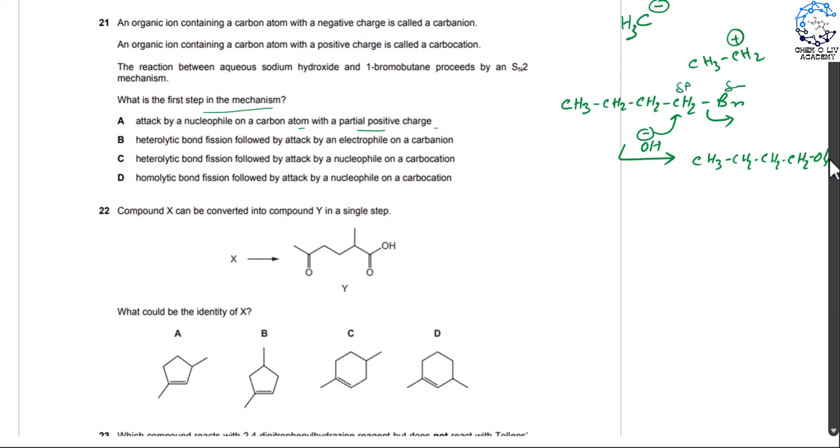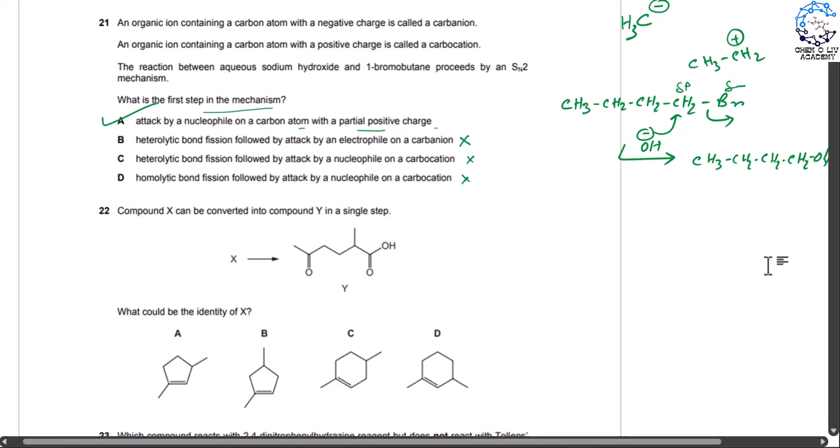Heterolytic bond fission followed by attack of an electrophile on a carbon atom. No, this option is not true because heterolytic bond cleavage is not happening. The other three options are talking about bond cleavage, so these are wrong. So the first option is the correct one for you. Okay, let's move on to the next one.